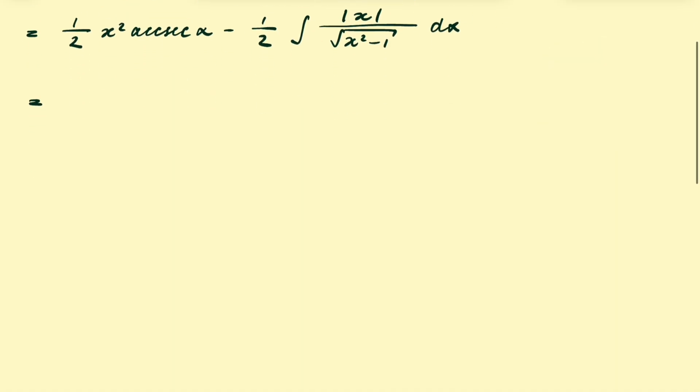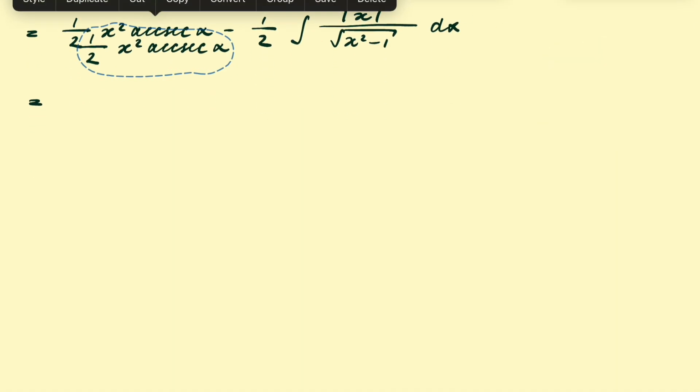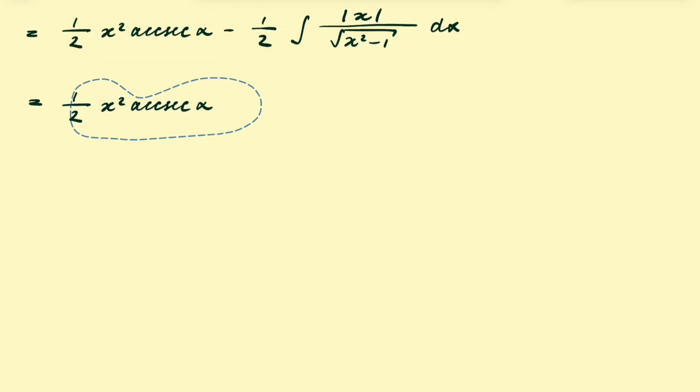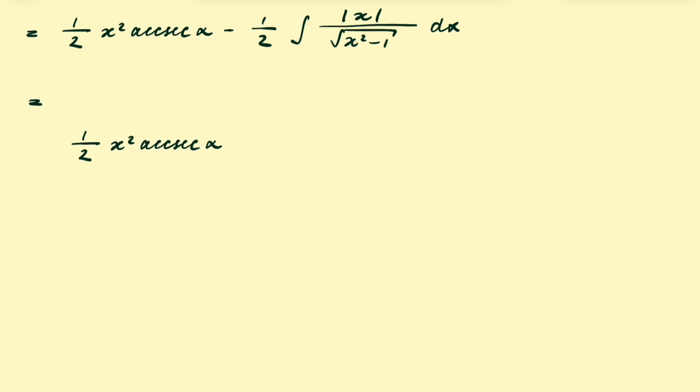Then we have, again, this stays the same. Well, it's better to write it here, this as well, minus 1 over 2 times, now here we have three integrals, right?